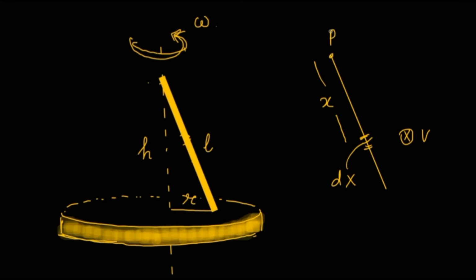With respect to point P, the angular momentum is r cross mv. So for this particle, the r vector is this x vector and mv is inward. If you find the direction of the cross product using the right hand rule, x cross mv, it will be in this direction. And its value will be mass, where lambda is, suppose, mass per unit length.